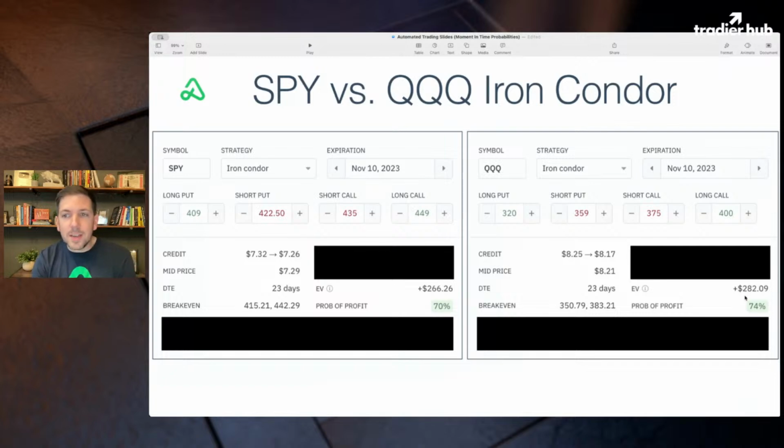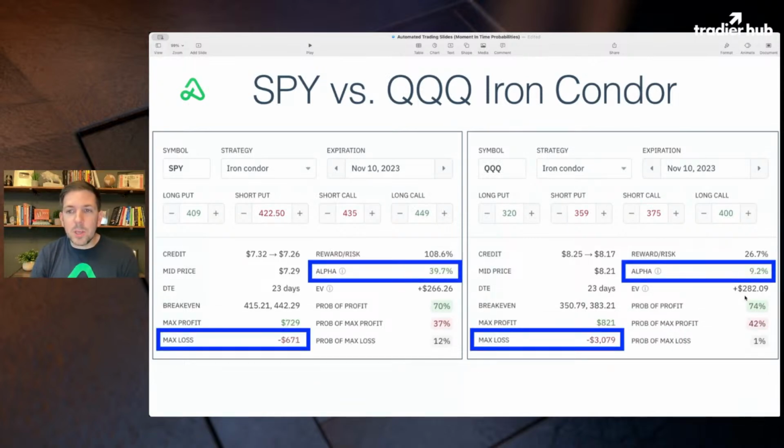If you just look at expected value by itself and you don't look at anything beyond that, you miss a lot, because what you miss is that the QQQ trade has a max loss potential of $3,000 versus the SPY trade on the other side, which has a max loss potential of $671.